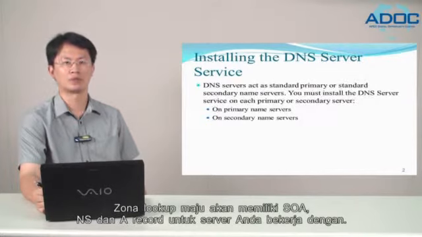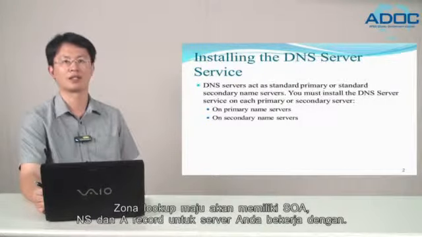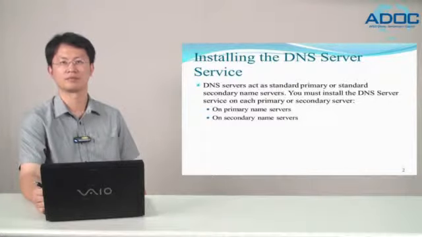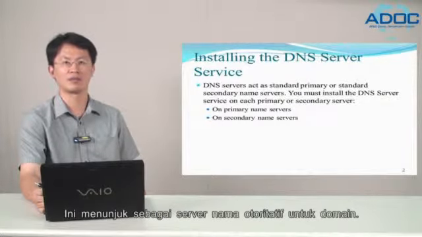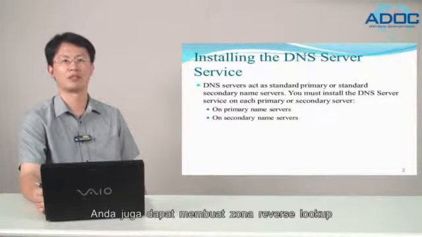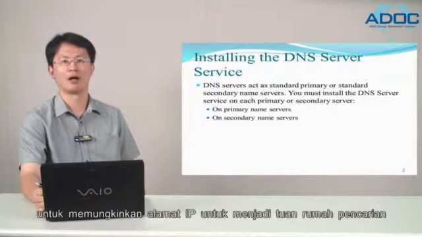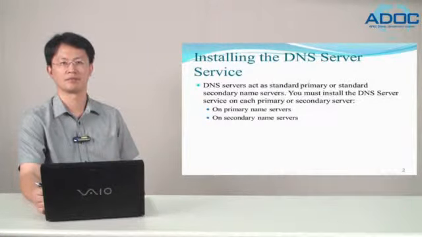The forward lookup zone will have SOA, NS, and A records for the servers you are working with. This designates it as an authoritative name server for the domains. You can also create reverse lookup zones to allow for IP address to host name lookups.